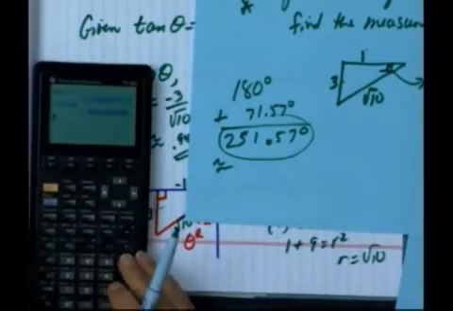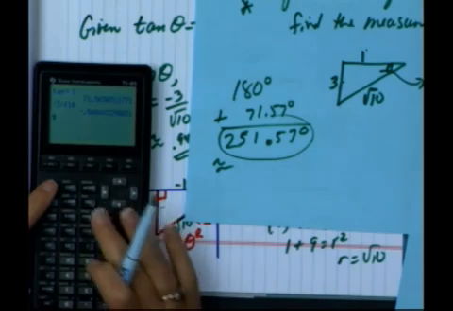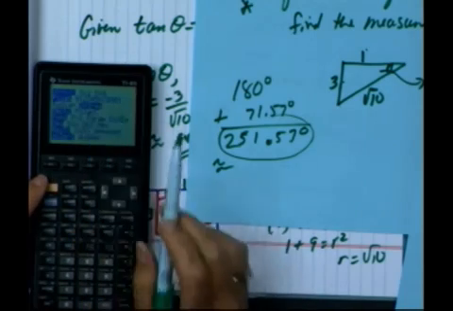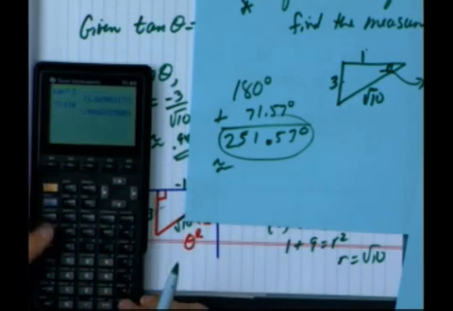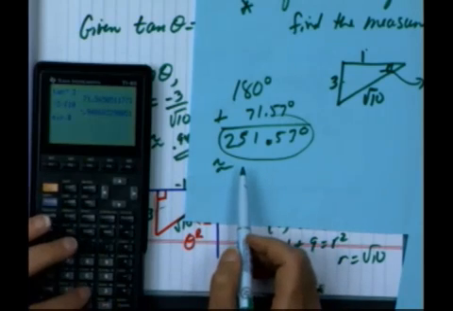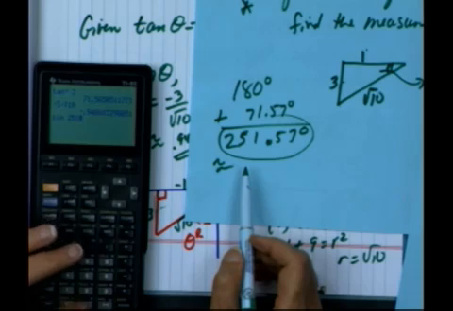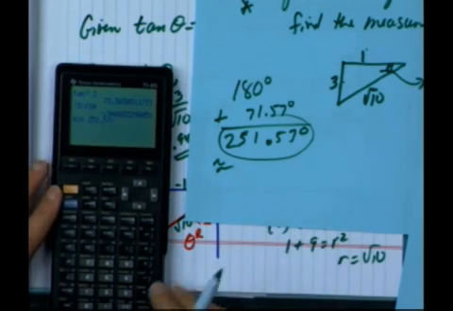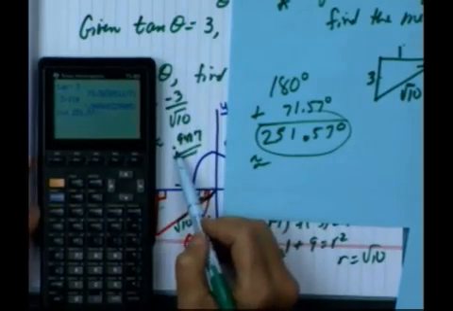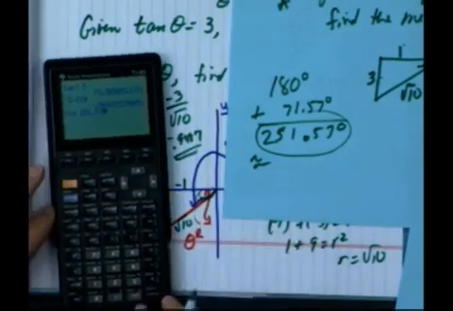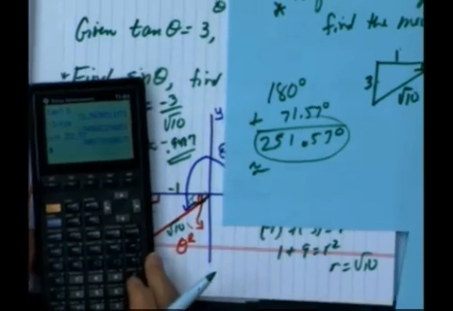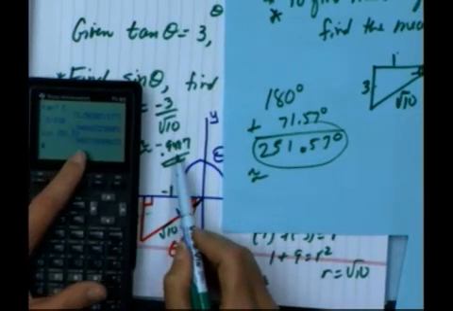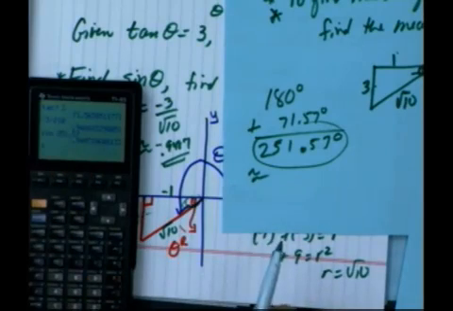251.57. So let me make sure I'm in the correct mode of my calculator, degree. And I'm going to look at the sine of 251.57 degrees. And that should come out to be pretty close to -0.9487. And there it is, -0.9487 whatever.